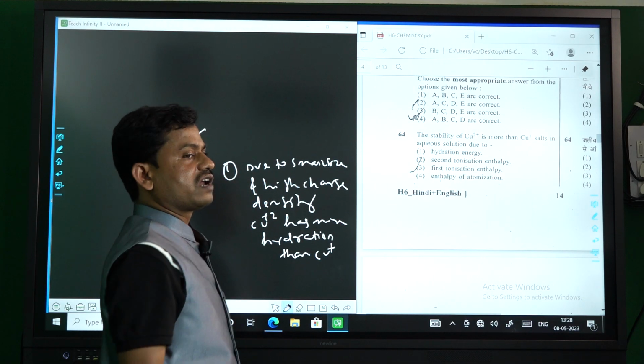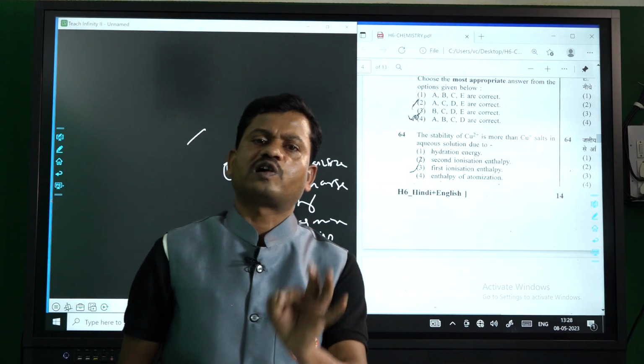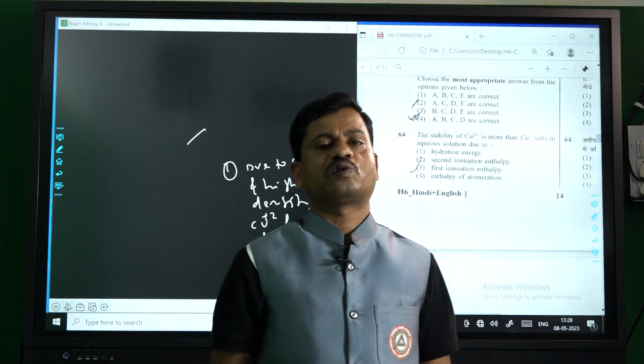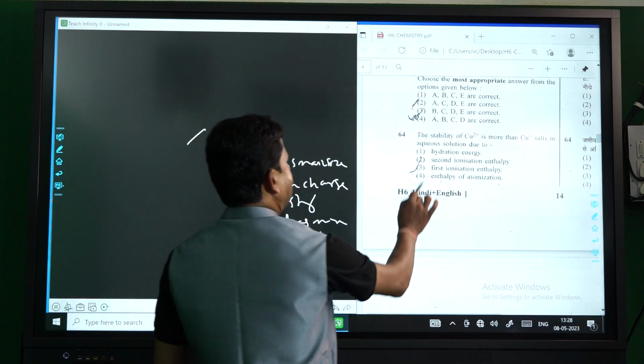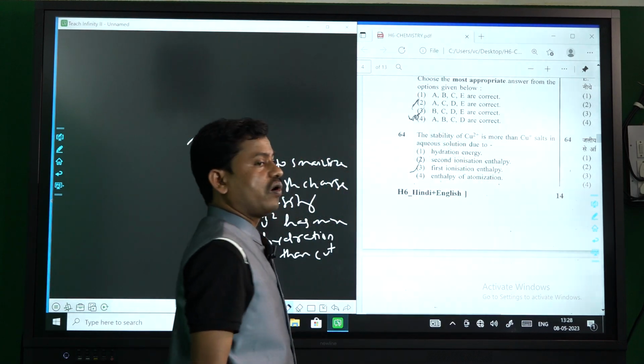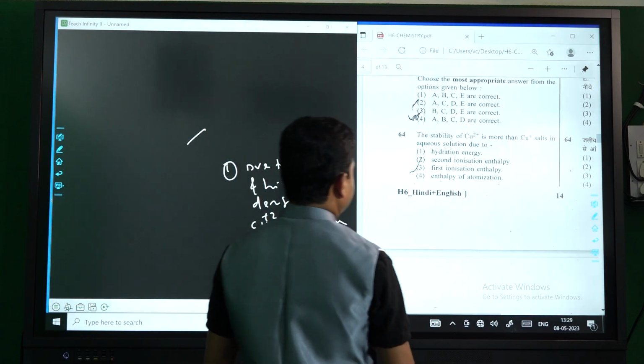That is one of the factors. The second factor is that copper plus can undergo a disproportionation reaction but copper 2 plus cannot. So in your question, hydration energy is the only correct option, given as option 1.